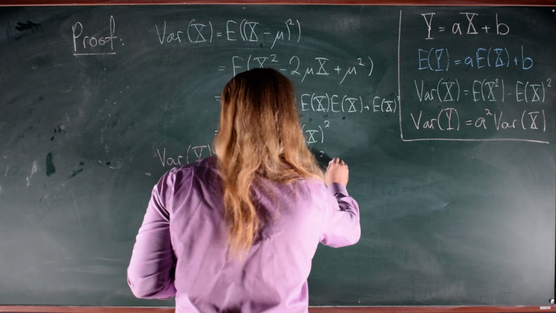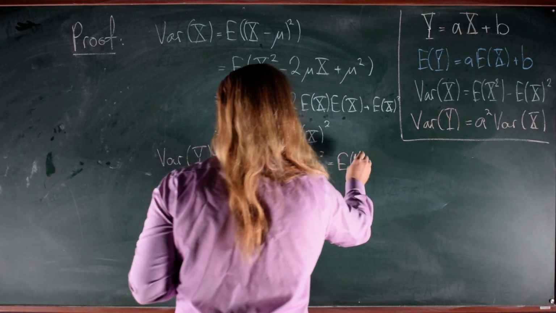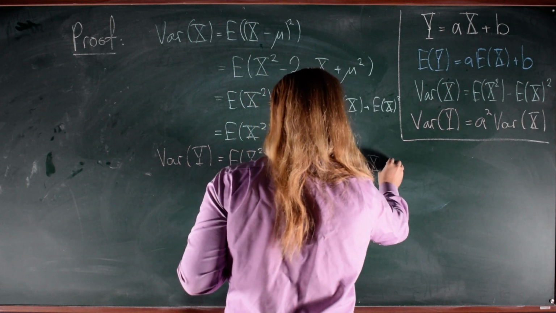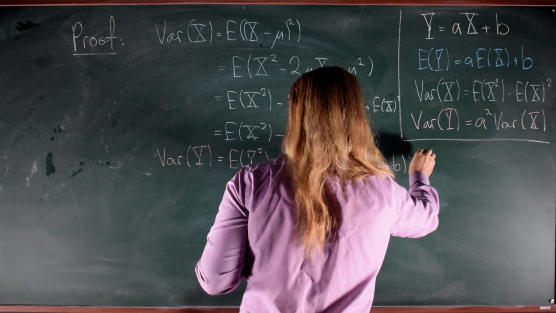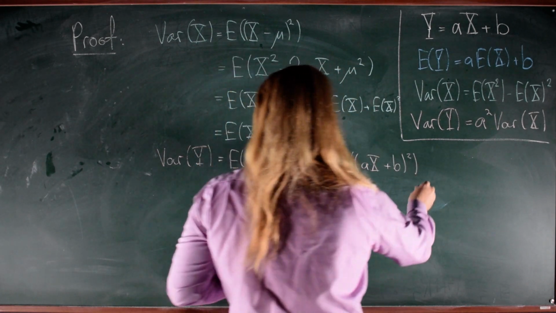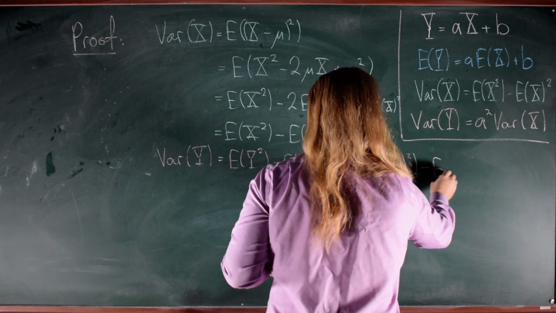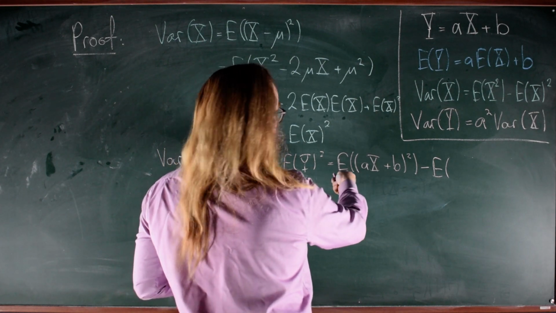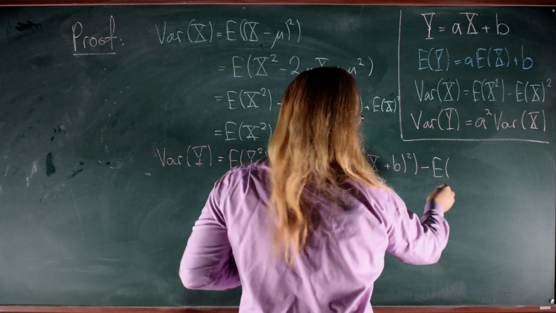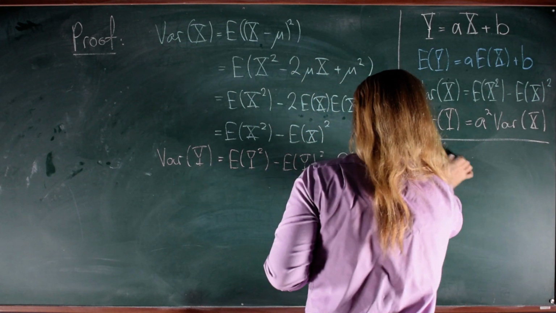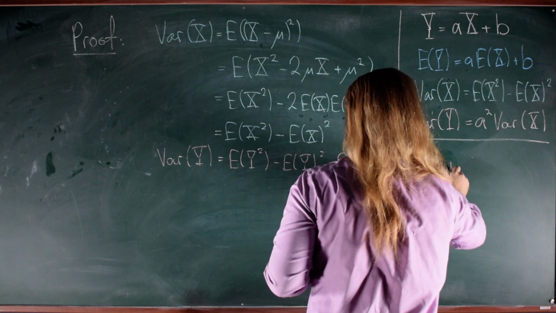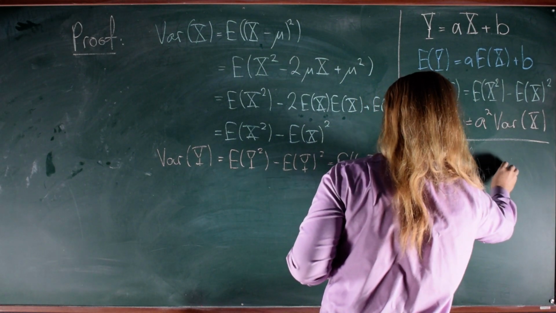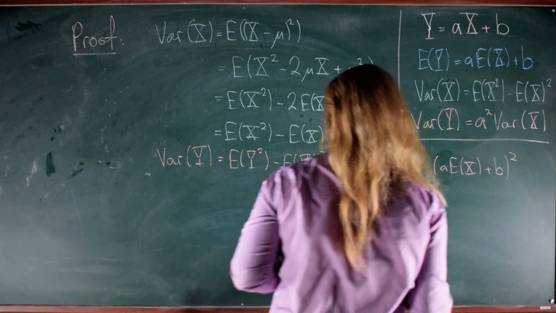Then we again use that this is the expected value of ax plus b squared, minus the expected value of this, squared. But the expected value of y we already showed is a times the expected value of x plus b, squared.